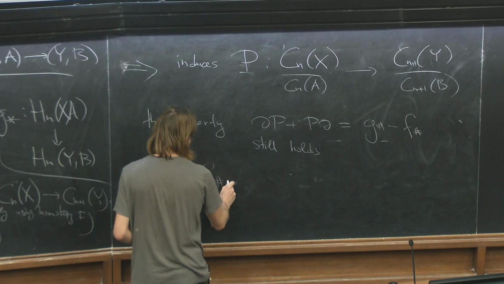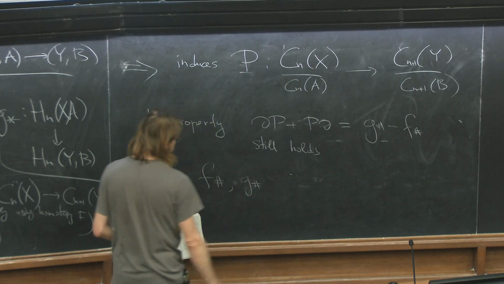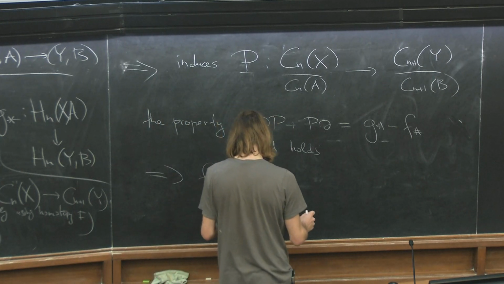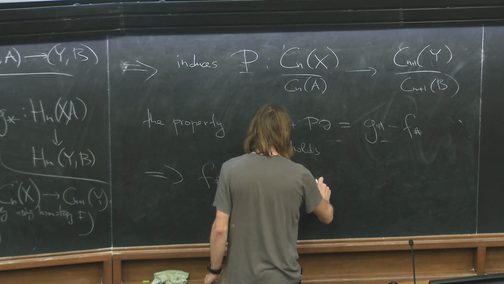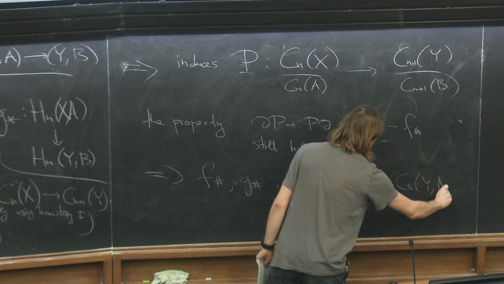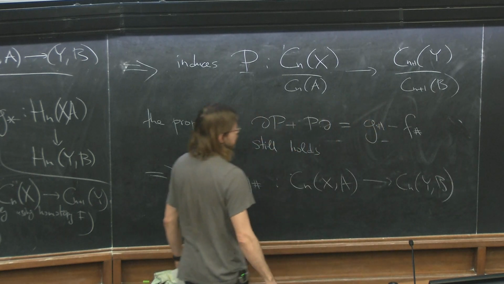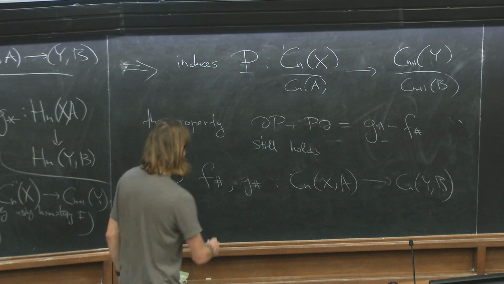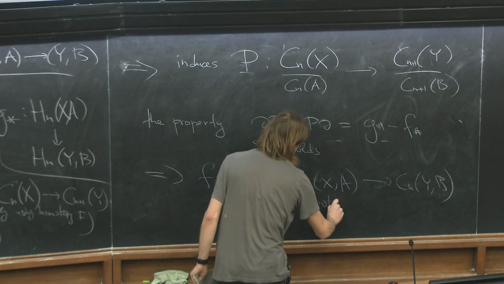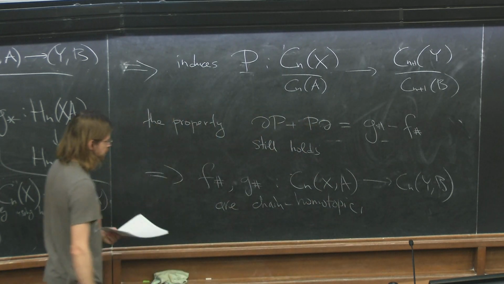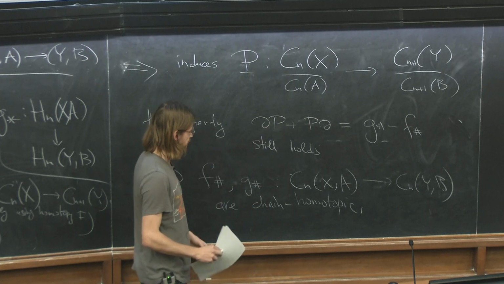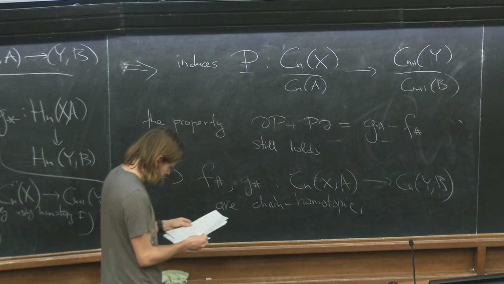So one can say that this pair of chain maps F sharp and G sharp, considered as chain maps between the corresponding relative chain complexes of relative singular chains, are chain homotopic, using our general definition of chain homotopy, which basically means that there exists some homomorphism P which satisfies this identity.